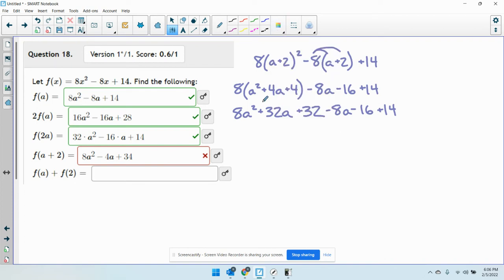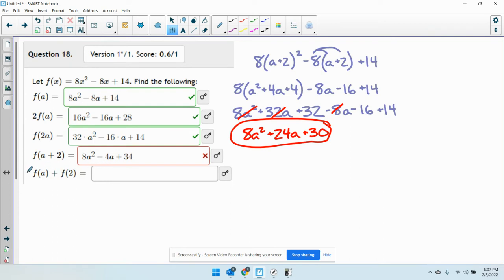So then you can just combine like terms. I only have one 8a squared term. A terms, 32 minus 8 is 24a. 32 minus 16 is 16 plus 14 is 30. So that's going to be my answer for this guy.